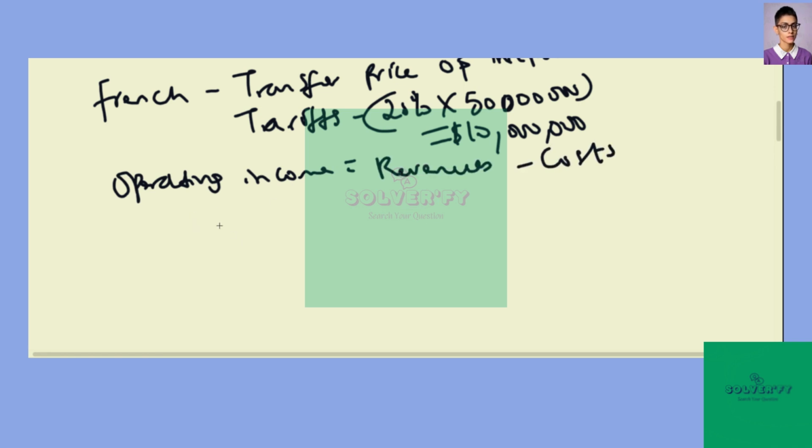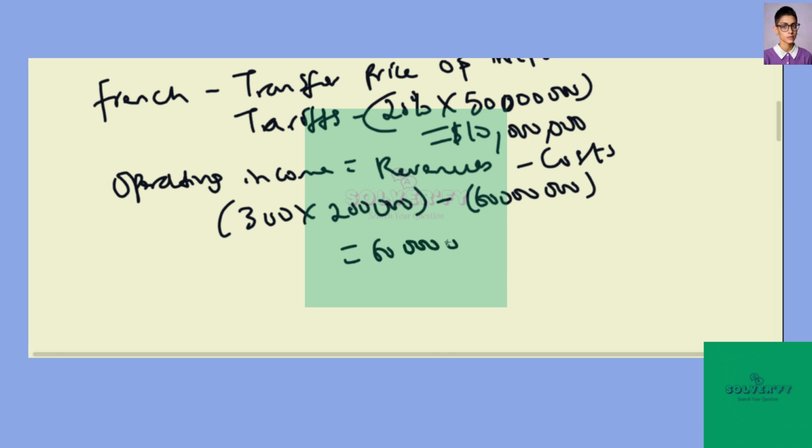So this gives you 300 multiplied by 200,000, which is 60 million, minus the cost of 60 million, and this is $0.